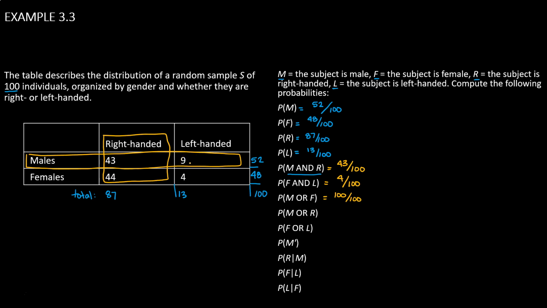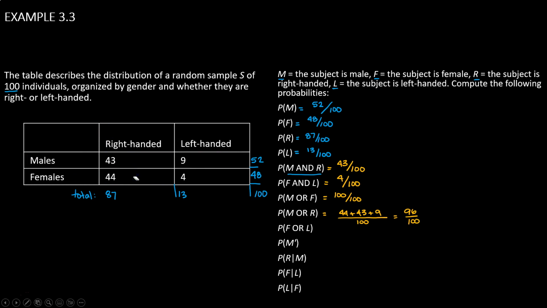We're not saying that you have to have both criteria when we say male or right-handed. We're saying as long as you have one, we're satisfied. So we would add up the 44, the 43, and the 9 to make our numerator. The denominator would still be 100.